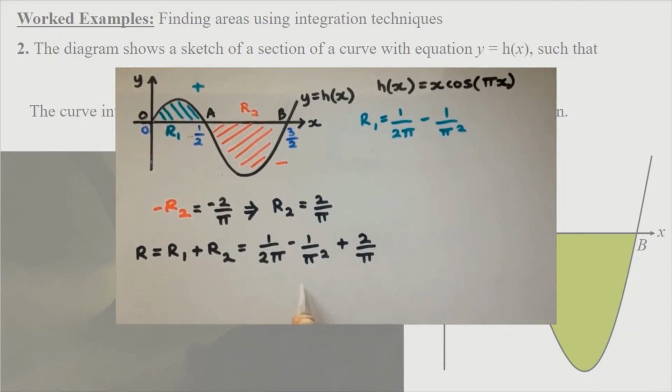The 2 over pi and the 1 over 2 pi, they are amounts of 1 over pi. So we have a half of 1 over pi plus 2 of 1 over pi. So essentially we have 2.5 of 1 over pi. I'm going to write that as an improper fraction. So our final conclusion, or our final answer, is going to be 5 over 2 pi subtract 1 over pi squared. And there's our final answer.